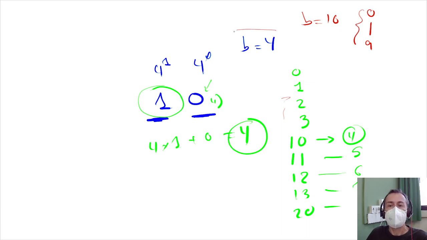But if we were using base 4, we only need 4 different digits. We need the 0, the 1, the 2, and 3. Using only 4 digits, we are able to represent whatever number using base 4. So this is very important, and we are going to see it if we change the base to 2 and we use binary numbers.